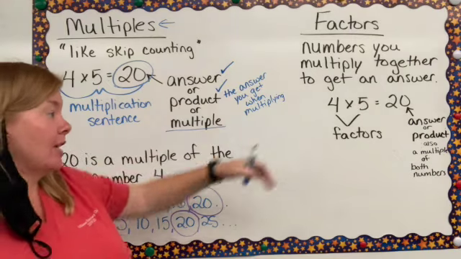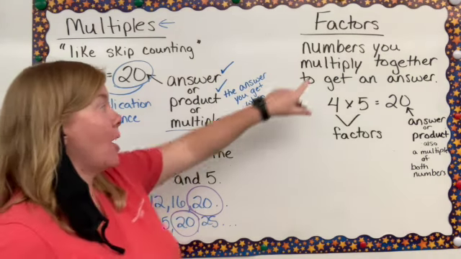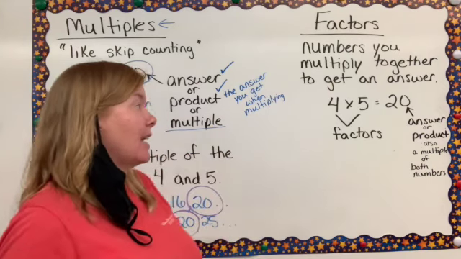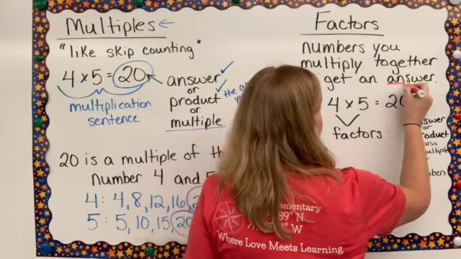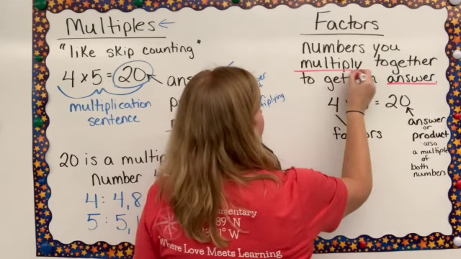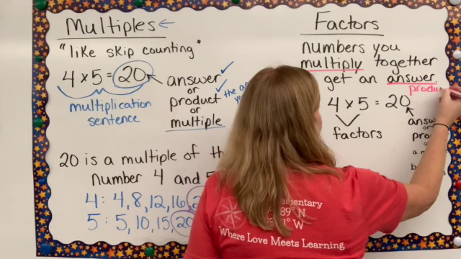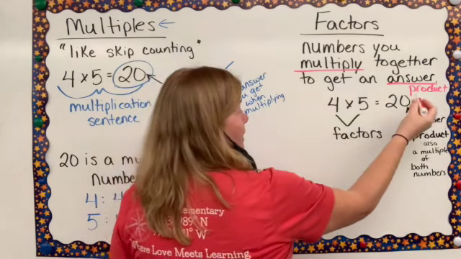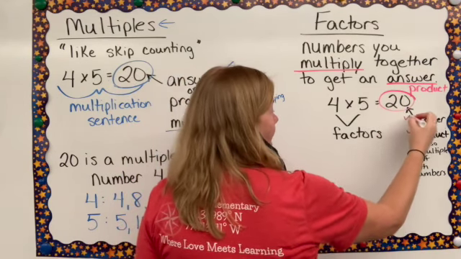Now let's jump over here to factors. All right, factors are the numbers that you multiply together to get an answer. But remember, an answer when you are multiplying is called a product. So this right here is my product or my answer.